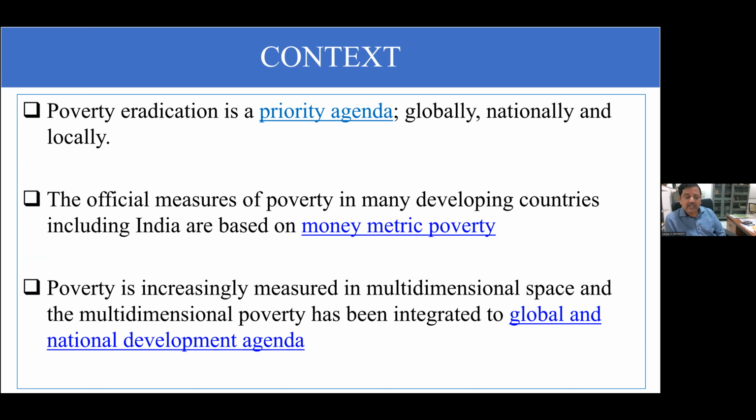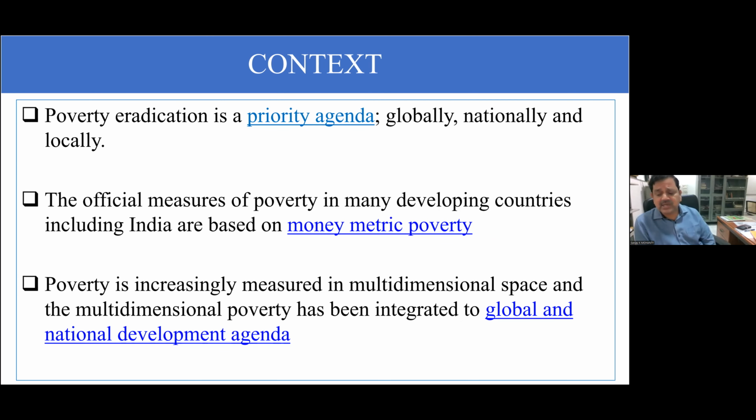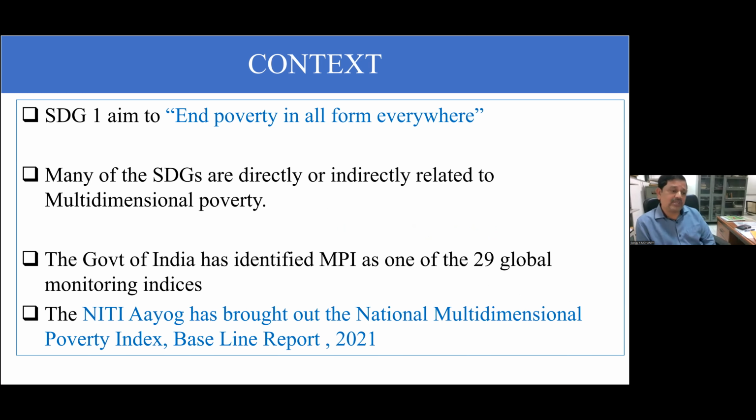But from the human development perspective, poverty is increasingly conceptualized as a multidimensional space. And with the MDGs and SDGs, multidimensional poverty has been integrated into the global and national development agenda. For example, SDG 1 begins with ending poverty in all forms and everywhere.